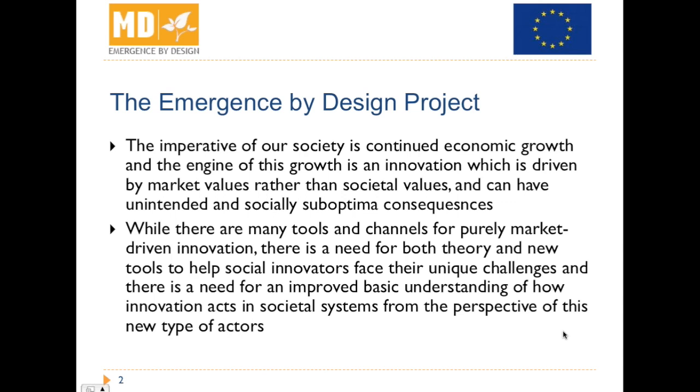On the other hand, there are many tools and channels for purely market-driven innovation, but there is a need for both a theory and new tools to help social innovation face the unique challenges, and there is a need for improving a basic understanding.